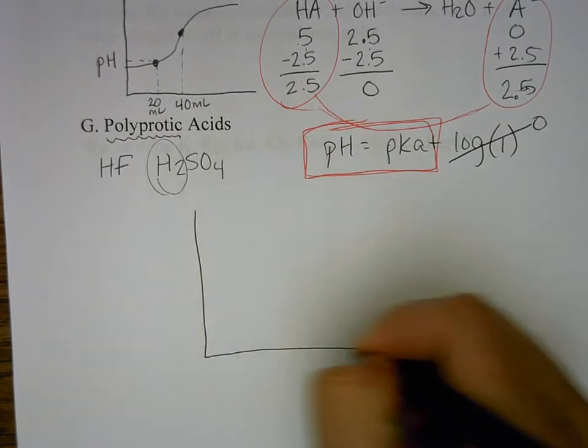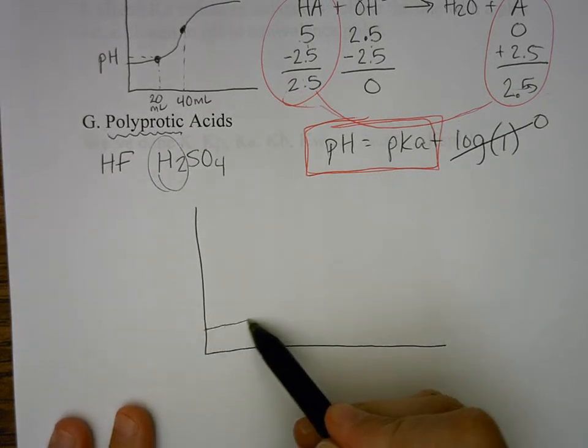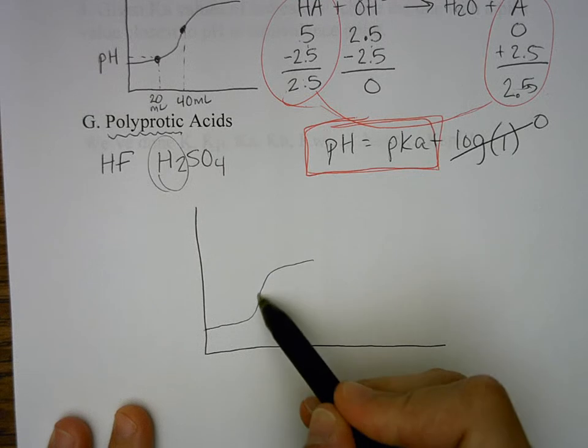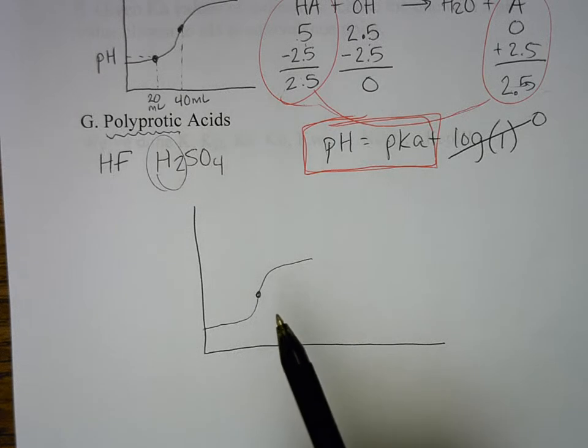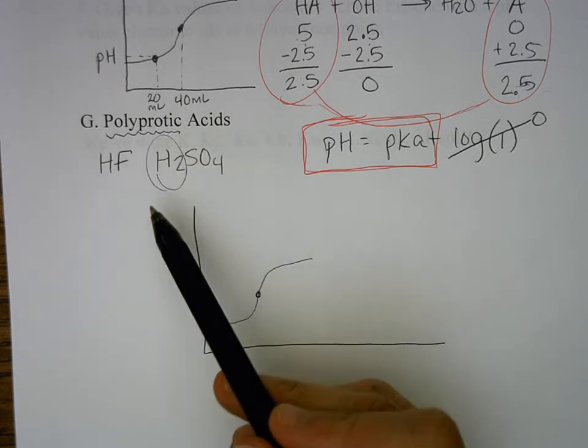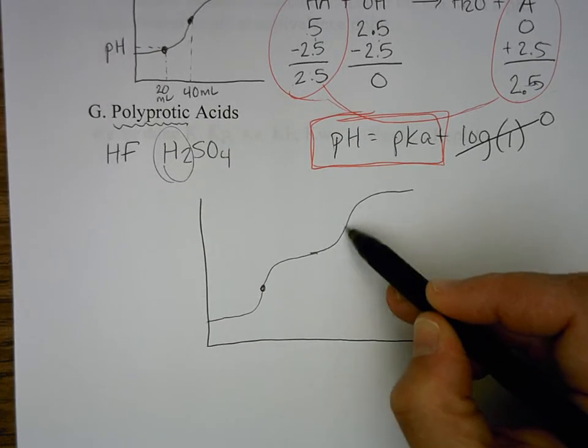All you really need to know about that is the shape of the titration curve if you titrate a polyprotic acid. You'll have one little curve with one equivalence point for the first hydrogen. It neutralizes one of the hydrogens first, and then it neutralizes the second hydrogen.